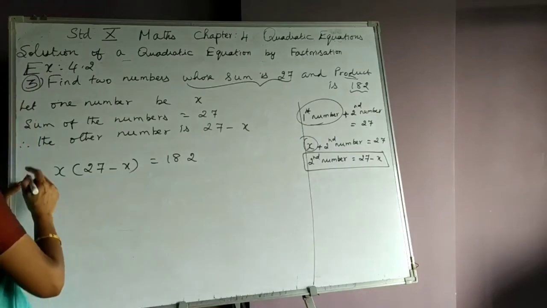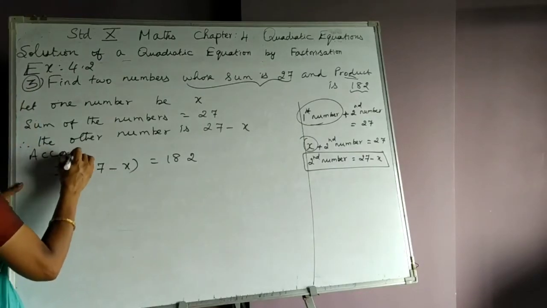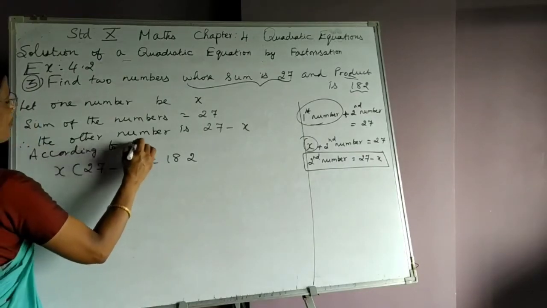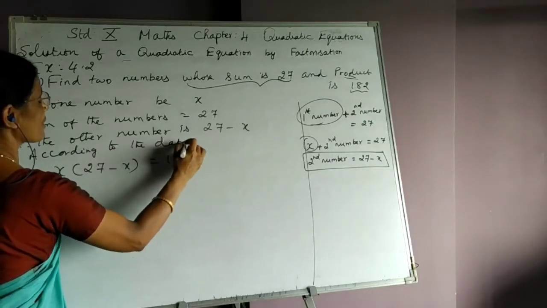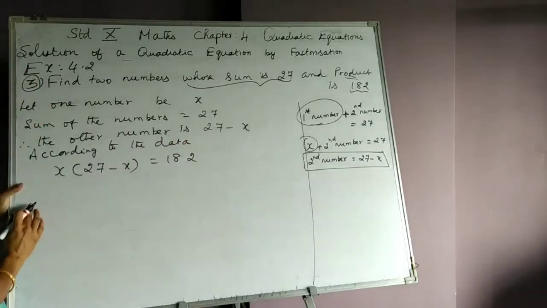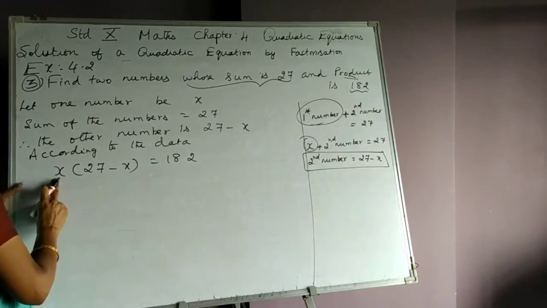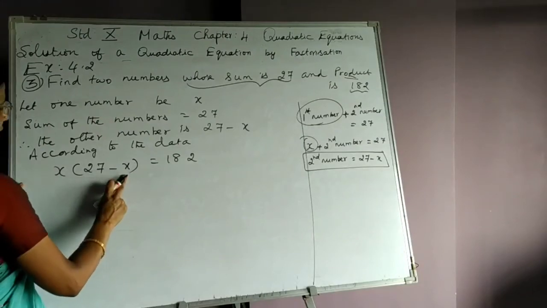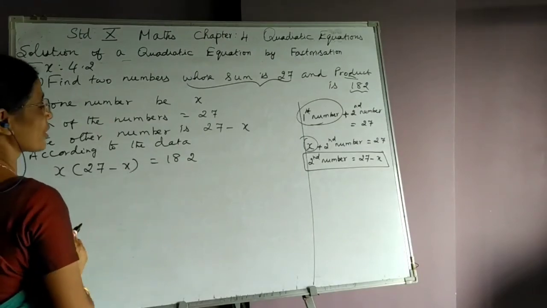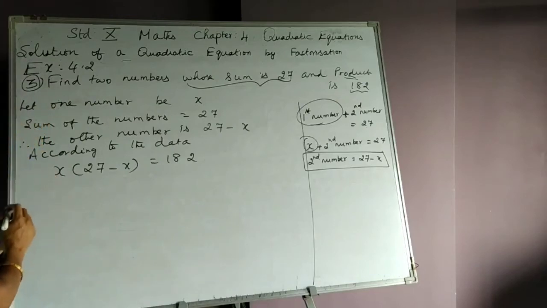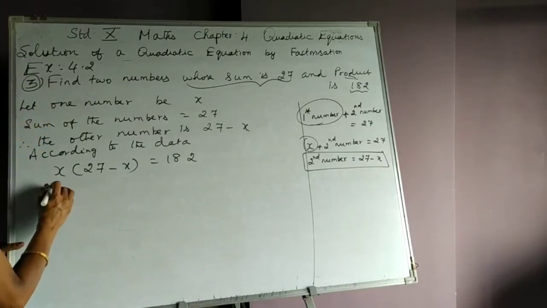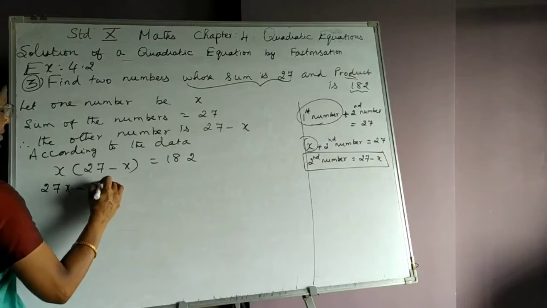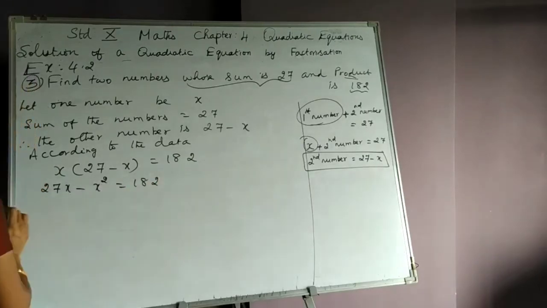Equal to 182. So, I write according to the data, product equal to what? Equal to 182, product of the 2 numbers. The 2 numbers are x and 27 minus x. Therefore, the product is equal to 182. So, simplifying, we will get 27x minus x square is equal to 182.